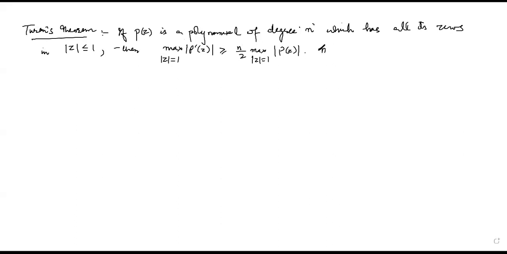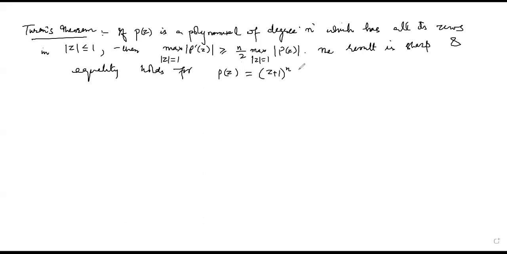The result is sharp, because equality holds if we take this polynomial: p(z) = (z+1)^n, or we can also check the polynomial z^n + 1.